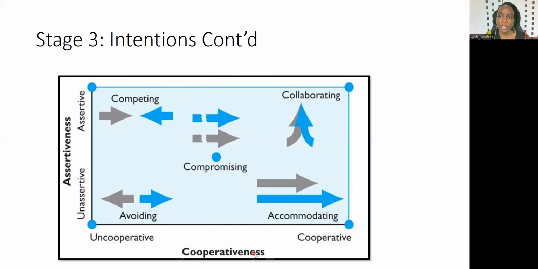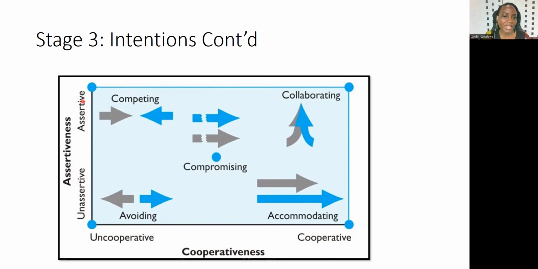Cooperativeness is the extent to which I put aside my own wishes and promote the other party's agenda, because I want to cooperate. I do not want there to be any skirmish. So people can be either uncooperative or cooperative. And on the other axis, if you remember your primary school mathematics, the y-axis, people might be unassertive or assertive.